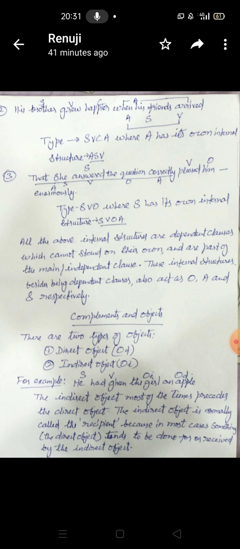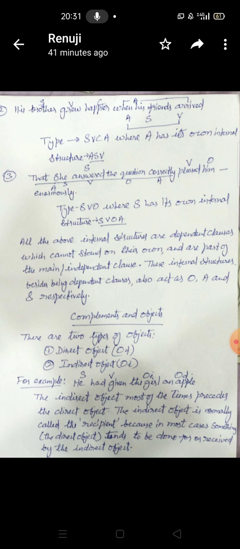Now this is the internal structure of the subject. Normally the main clause is SVOA type, whereas it has its own internal structure. So we have seen that this variety is possible for subject, object, and adverbial.